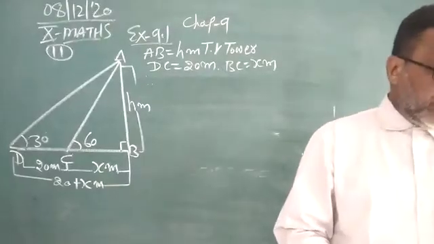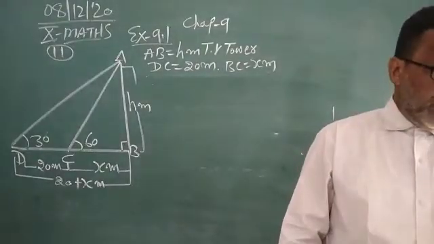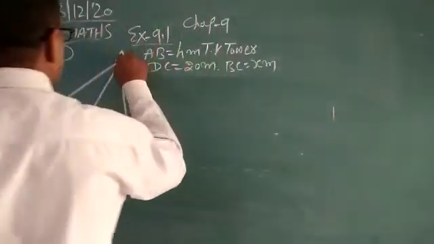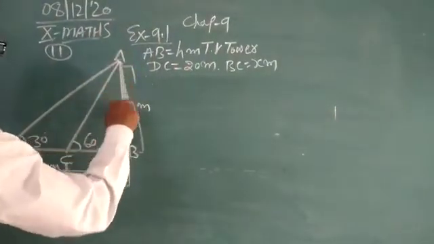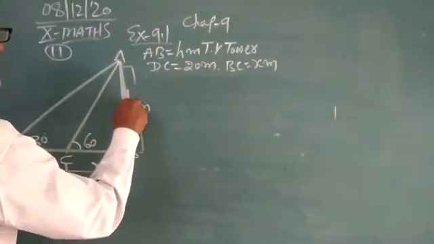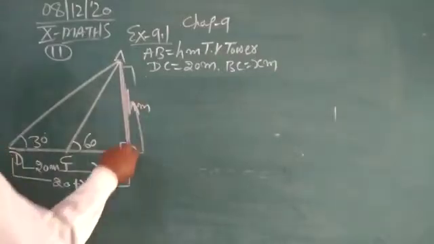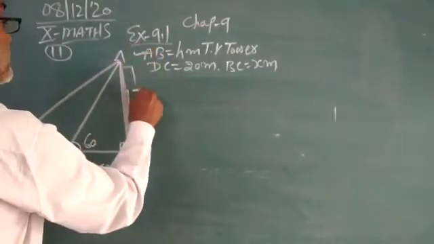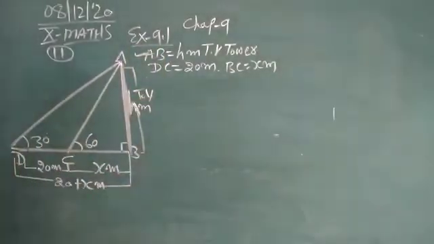As shown, the figure is already given. From a point on the other bank. Suppose a TV tower is H meters tall, and this is the bank of the canal.